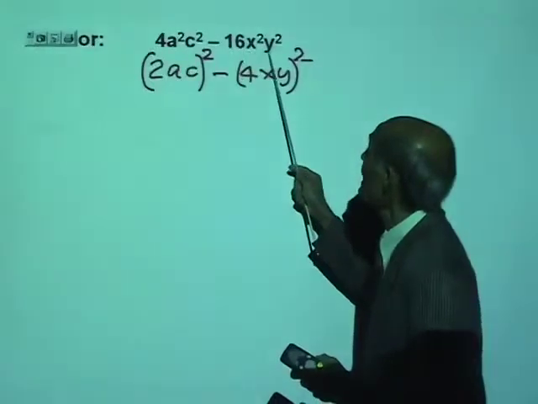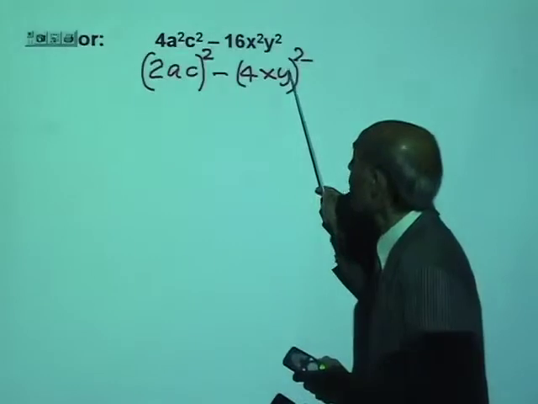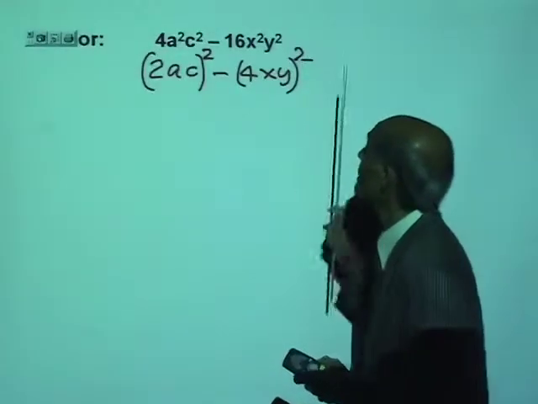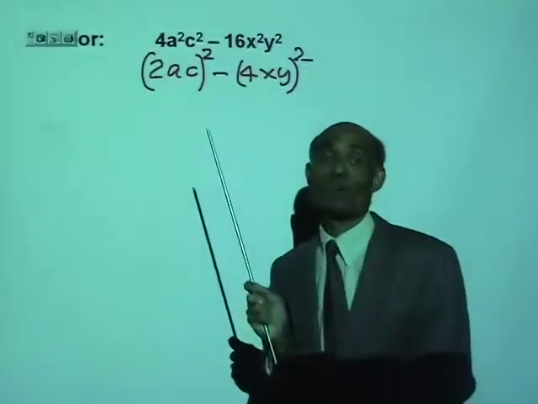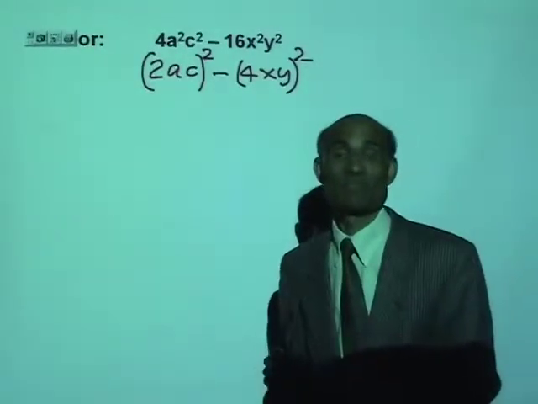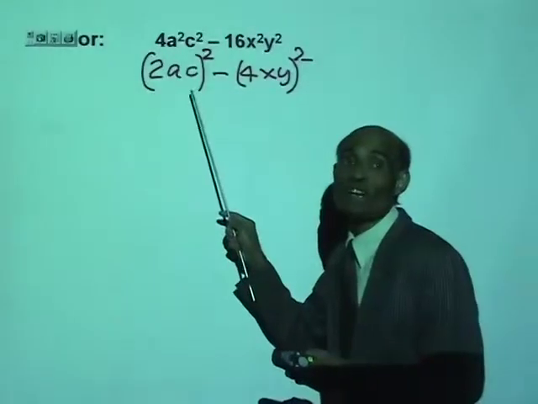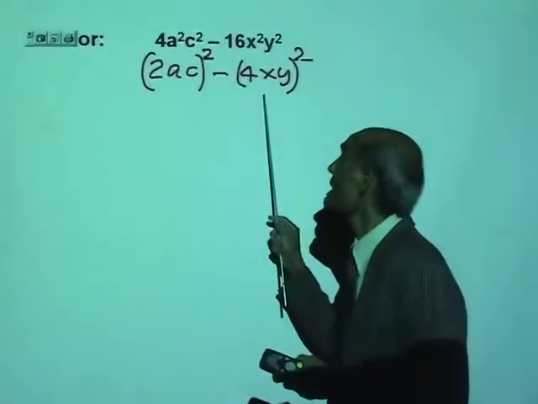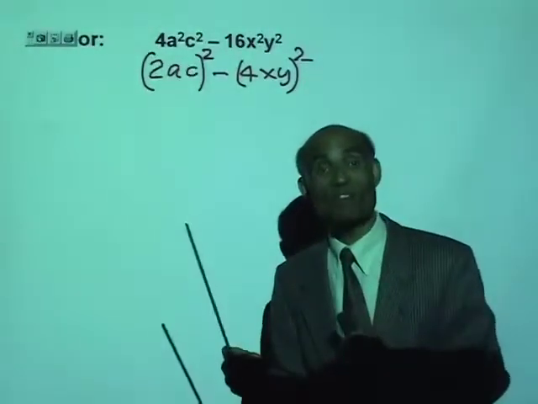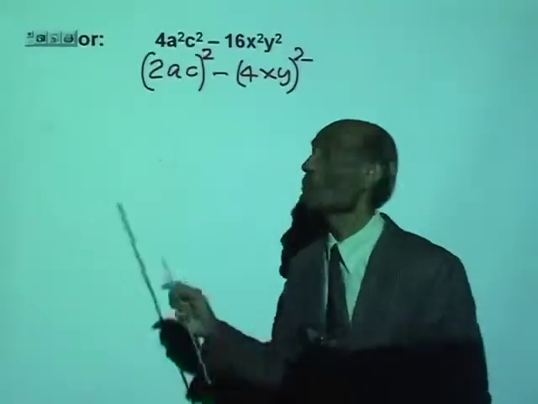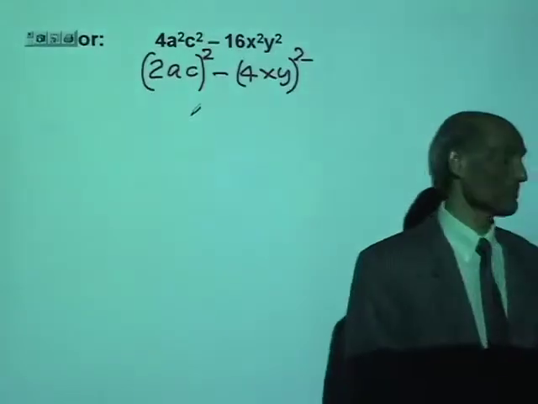So 16x squared y squared is the quantity 4xy raised to the power of 2. Now, once you write it like this, what are the factors? The factors are the sum of these two quantities, that is 2ac plus 4xy, that is one factor. The other factor is the difference, which is 2ac minus 4xy.